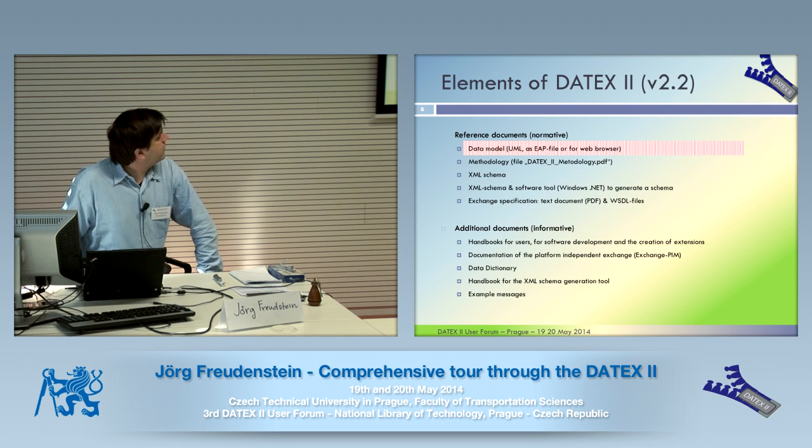We have the tool I already mentioned to generate these schemas, and we have an exchange specification, the protocol, how to exchange all the data. And then we have some informative documents, which are handbooks, documentation files, data dictionaries, everything like that. This is available too.